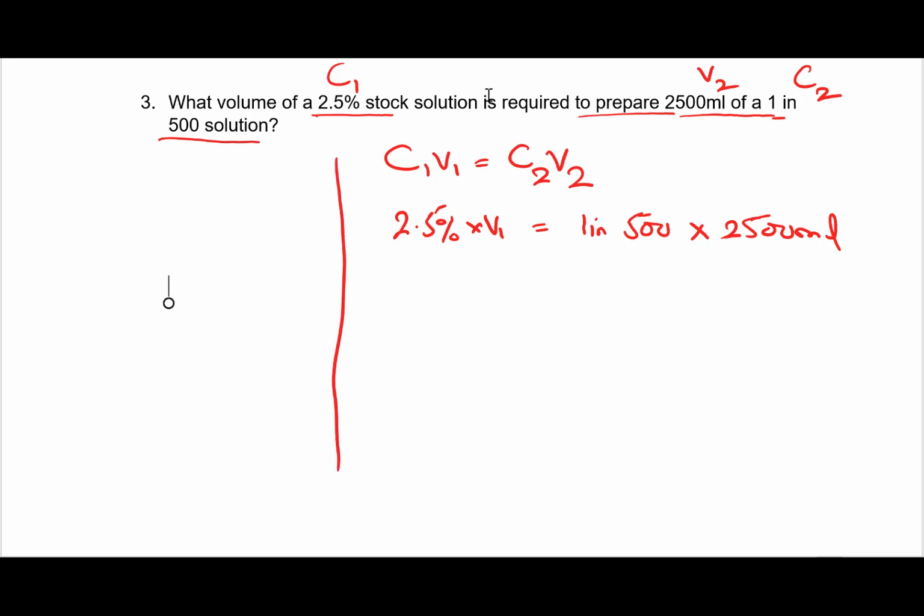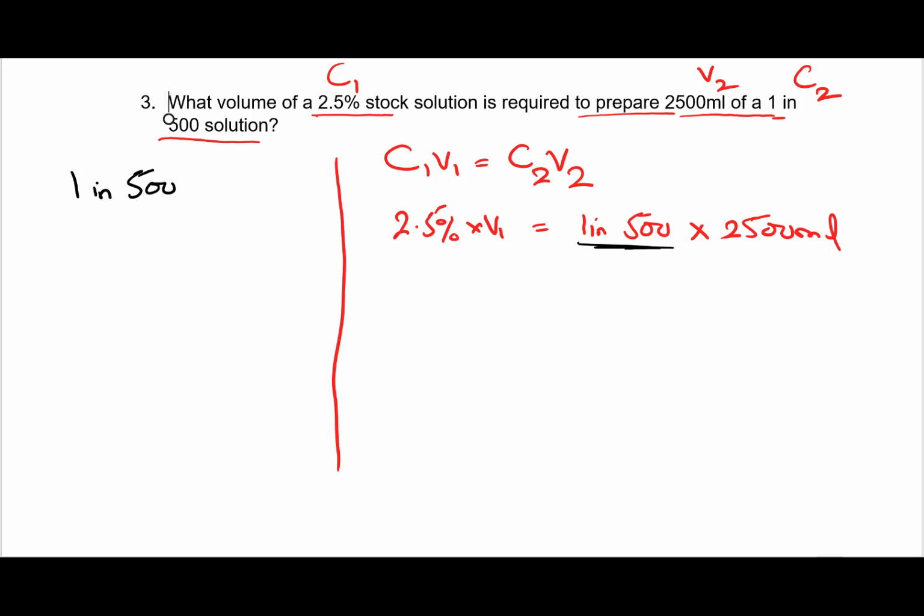Make sure that the concentration is the same on both sides. It would be easier to deal with percentage, so I will convert 1 in 500 into percentage as well. So the concentration on both sides of the equation will be in percentage. Let's see what 1 in 500 is in the form of percentage.